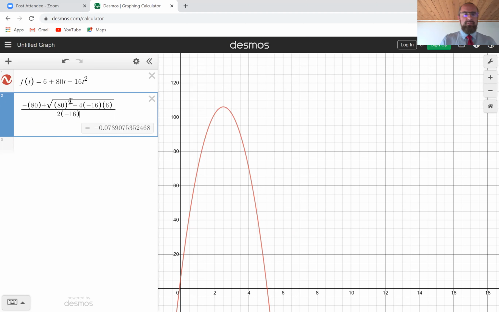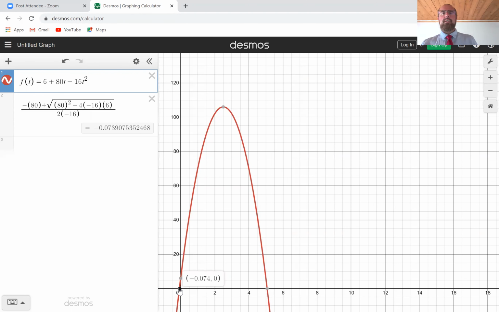So that's obviously giving us the left 0. I can find it here on the graph. It's about negative 0.074. Does that make sense in terms of a time value? Can I have negative time? Not unless I'm traveling to the past.